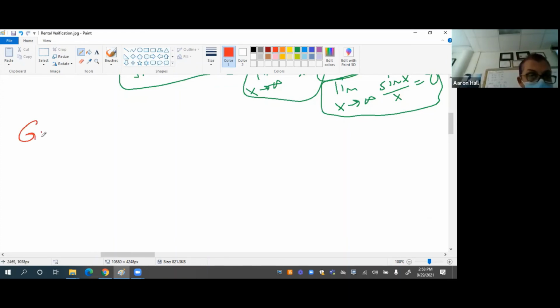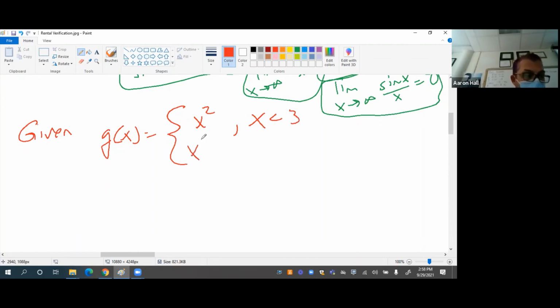So given g of x equals x squared over x plus k. Oops, sorry, I wrote that down wrong. I completely wrote that down wrong. So g of x equals the squiggly bracket of x squared for values of x that are less than 3, and x plus k will be used for values of x greater than or equal to 3.